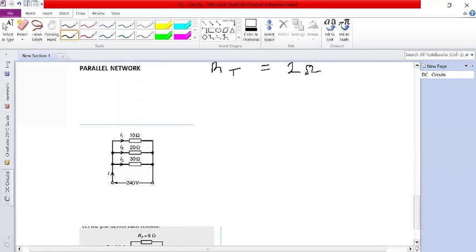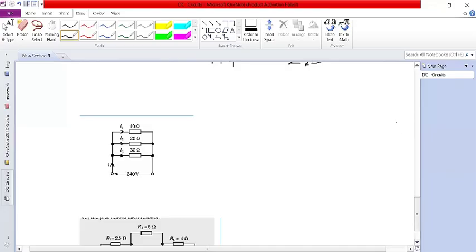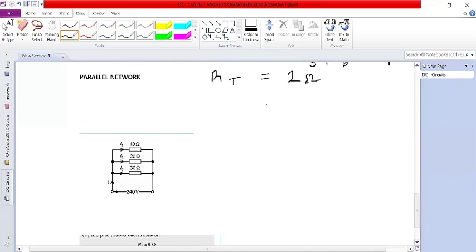But we can also have a situation whereby we have more than two resistors. So if we have more than two resistors, to calculate the resistance of the circuit, we use this formula, 1 over RT is equal to 1 over R1 plus 1 over R2 plus 1 over R3.